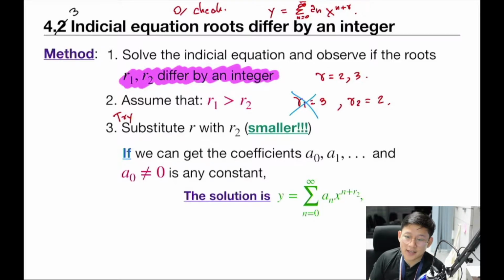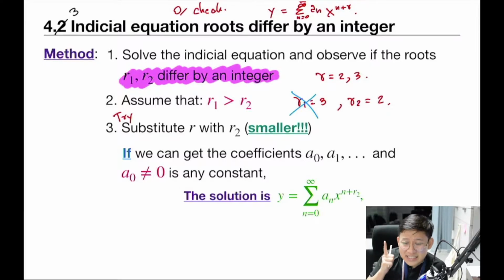Let me talk about that again. First you get r1 and r2. You take r2, the smaller one, and then you try to find the constants a0, a1, a2, a3. And if there aren't any problems in the process, then you get the solution y equals the summation, n from 0 to infinity, of a_n x to the n plus r2.